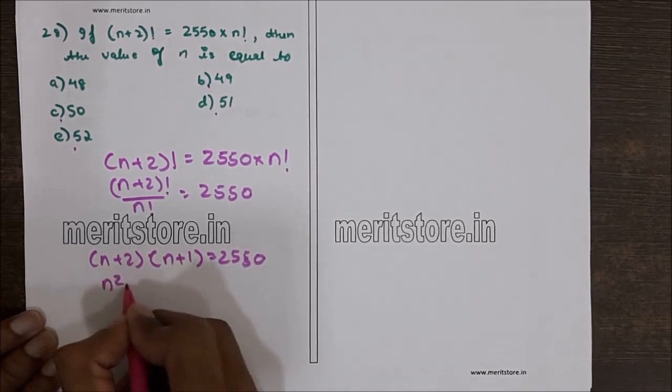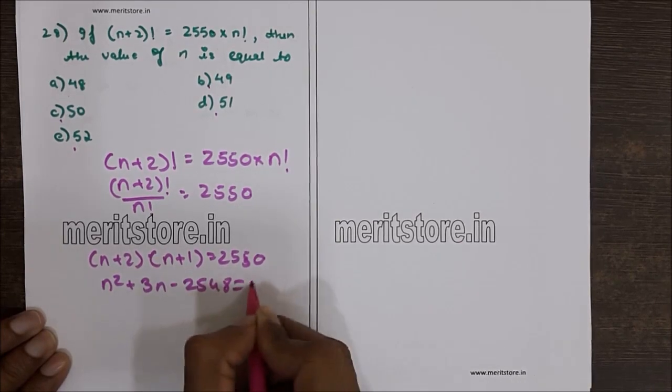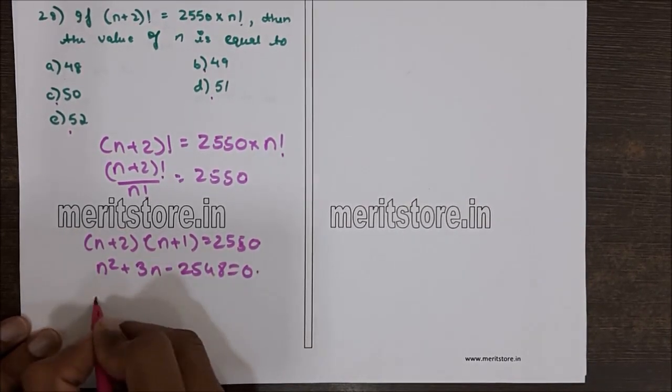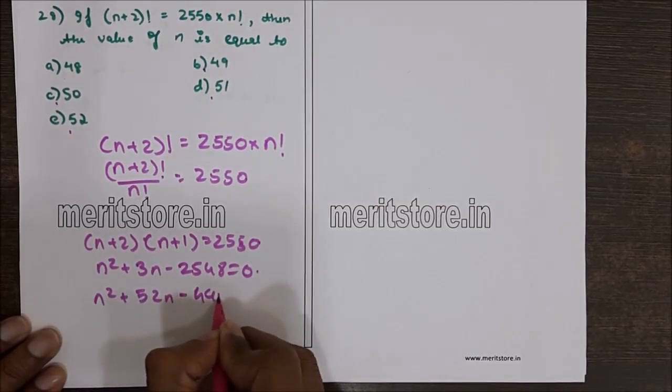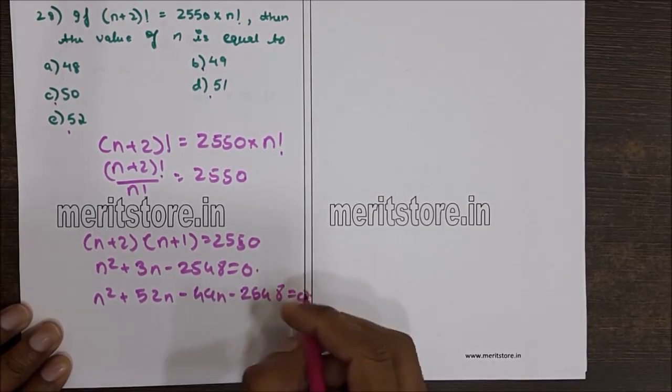Solving this, we get n square plus 3n minus 2548, which is equal to 0. We factorize this, we get n square plus 52n minus 49n minus 2548, which is equal to 0.